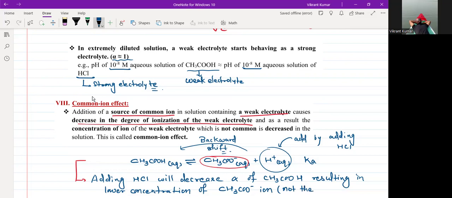The ion which is not common will have a decreased concentration. ओके, इज इट ओके? एनी डाउट?